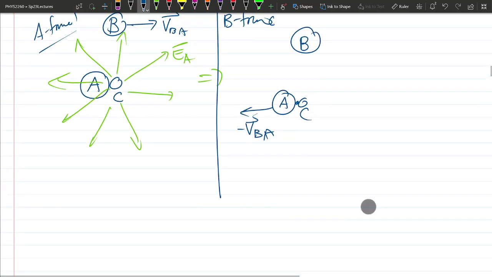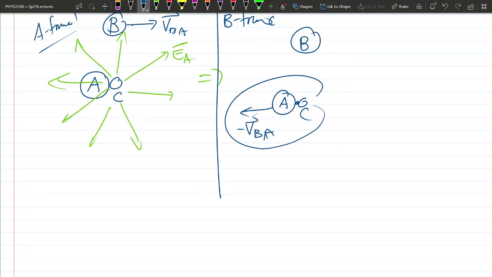Since you have a charge moving in your reference frame, and there's also an electric field here, that means you can apply the Biot-Savart law that we learned about in chapter 29.